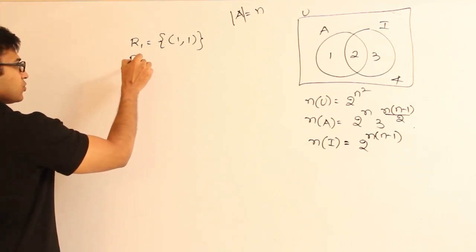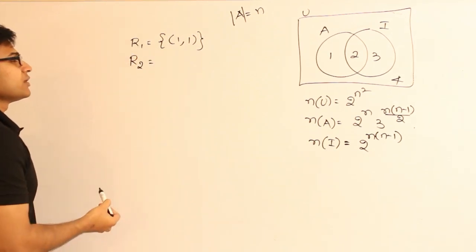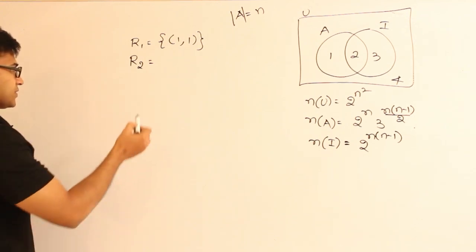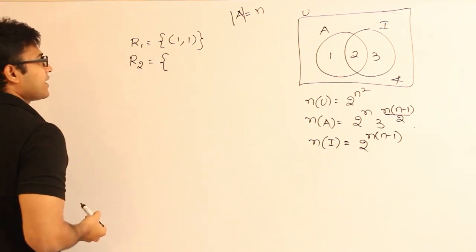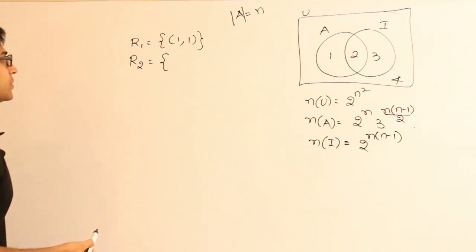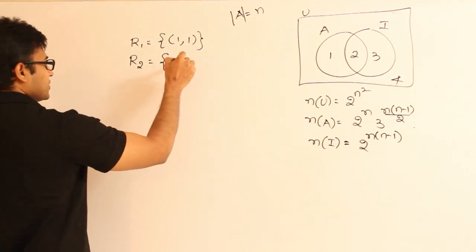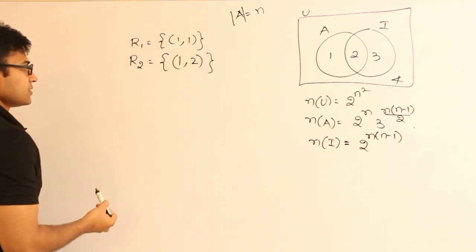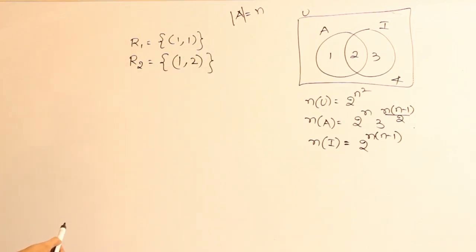What about region 2? Will region 2 really exist? Which means, will there be any relation which is both anti-symmetric as well as irreflexive? We should not have any diagonal elements if it has to be irreflexive, and we should not have any symmetric element pairs if it has to be anti-symmetric. Which means if I have 1 comma 2, there are no diagonal elements in this, isn't it? What about the empty set?